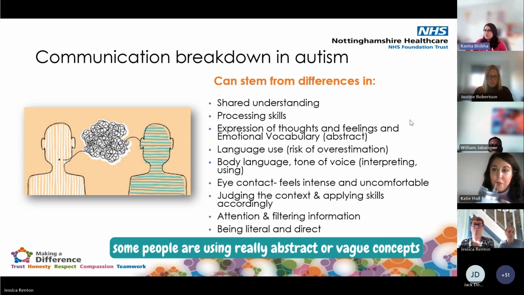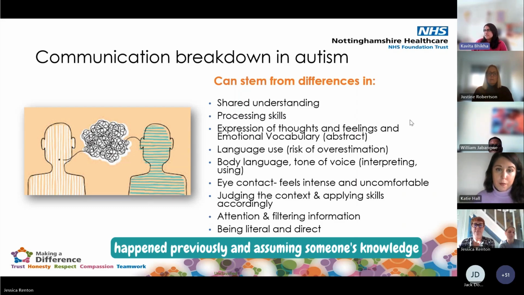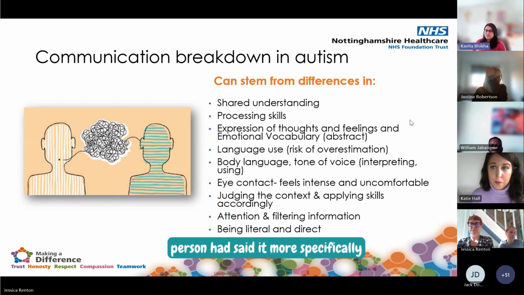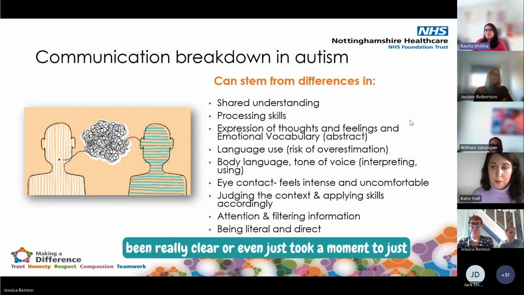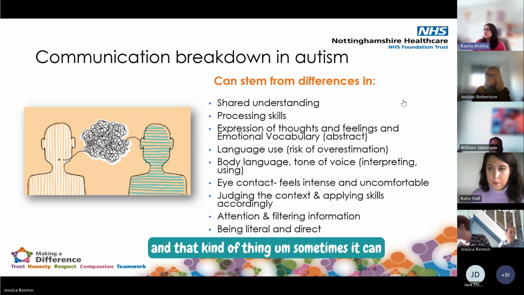So if some people are using really abstract or vague concepts, or making reference to something that happened previously and assuming someone's knowledge, things are definitely going to break down. Whereas it could have been more useful if that person had said it more specifically, been really clear, or even just took a moment to check, have they understood what I've said.